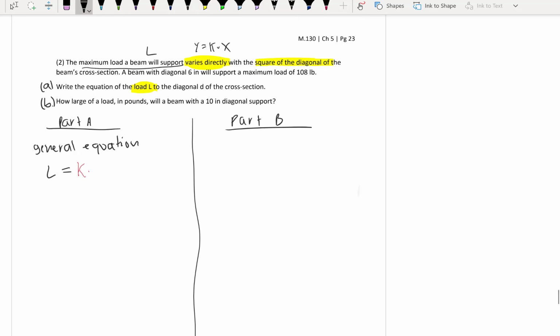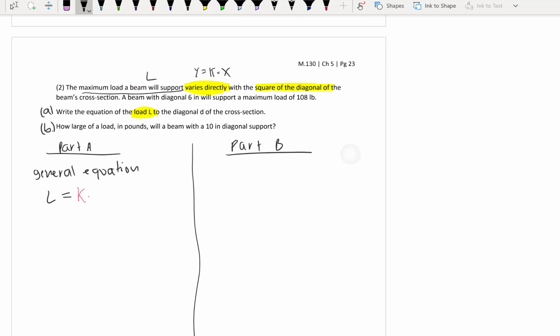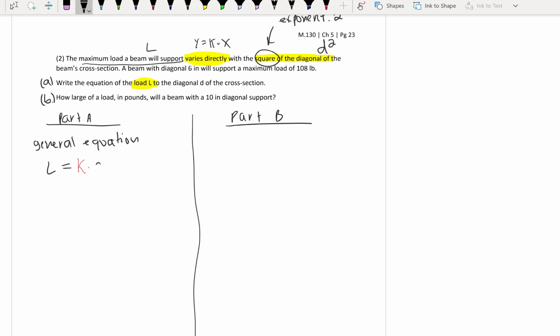To square something means your exponent is going to be a 2. So to square the diagonal, it would be d squared.